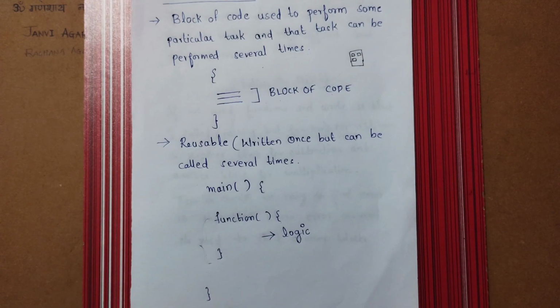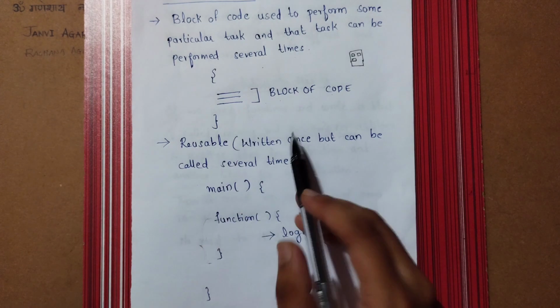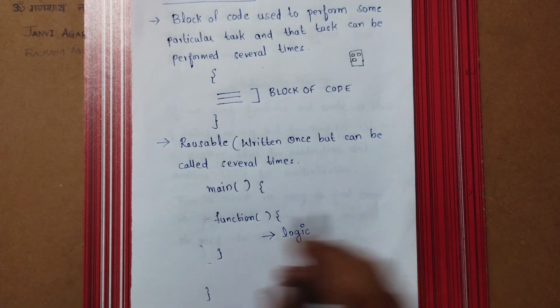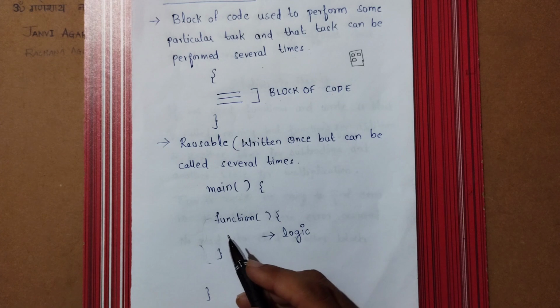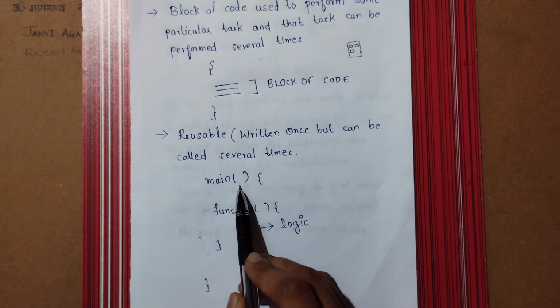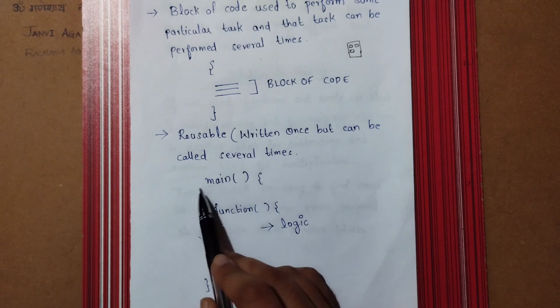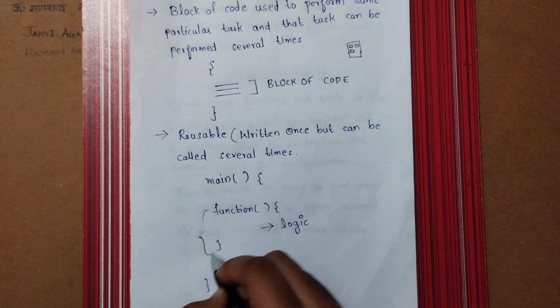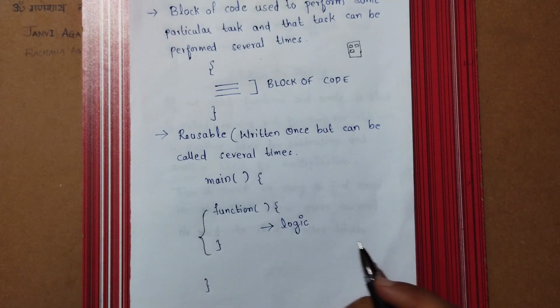For better understanding, we'll look at an example. Just now understand reusability: written once but can be called several times. Suppose now I'm considering the C language in this video. Here we have a main function, and this is our function which we are considering here.